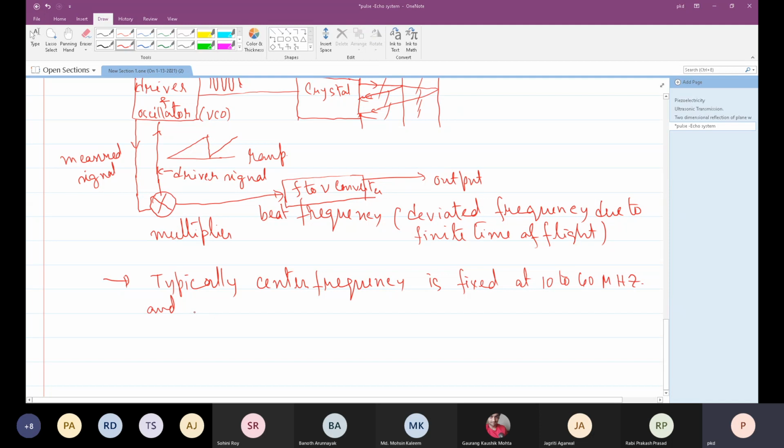And the sweep, that is the ramp, produces a frequency shift of 100 kilohertz or so.